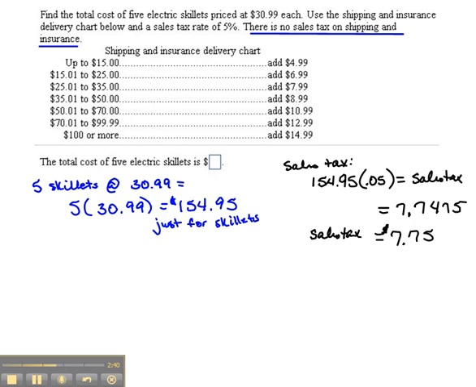All right, now if we look at our shipping and insurance delivery chart, it goes by how much our cost is so far.